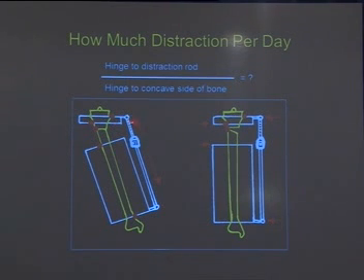So you have to distract this rod 4 millimeter per day to get a distraction opening here on the concave border of the bone by 1 millimeter. So if you do 4 millimeter distraction here, then only you will get 1 millimeter here. If you distract 1 millimeter, you will get only 0.25 millimeter distraction.